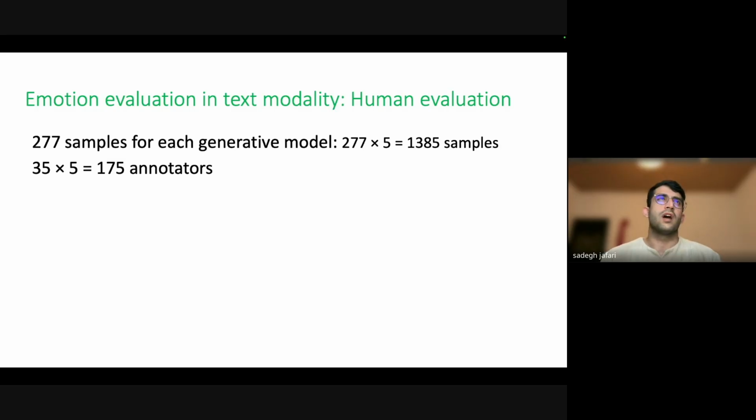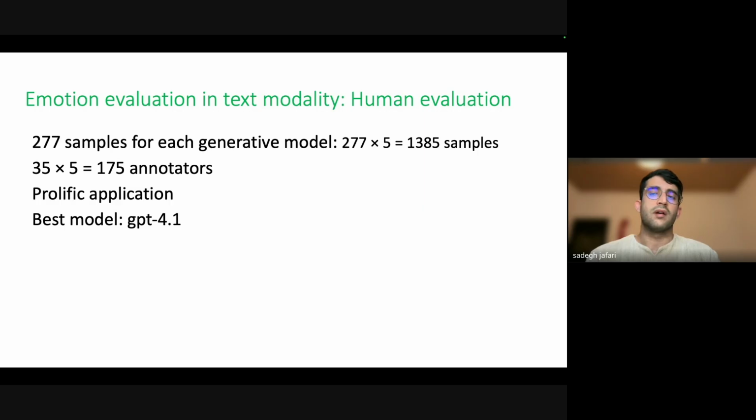So we have 175 annotators. We use the Prolific application for annotating these generated samples. And after doing human evaluation, we found out that the best model is GPT 4.1, and the worst one based on human evaluation is GPT 4o mini.